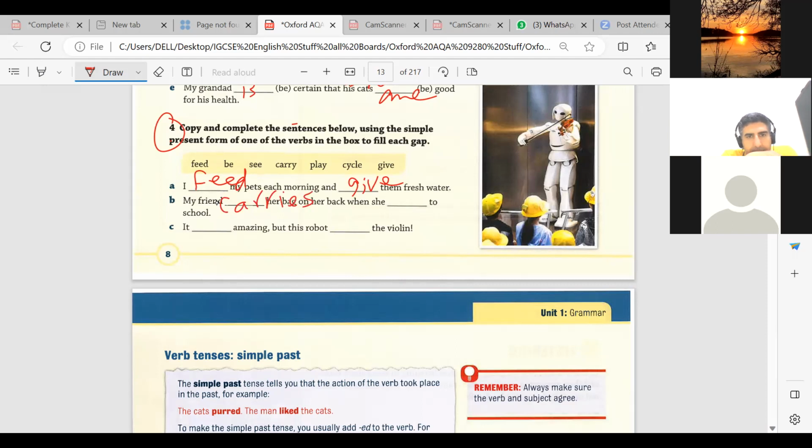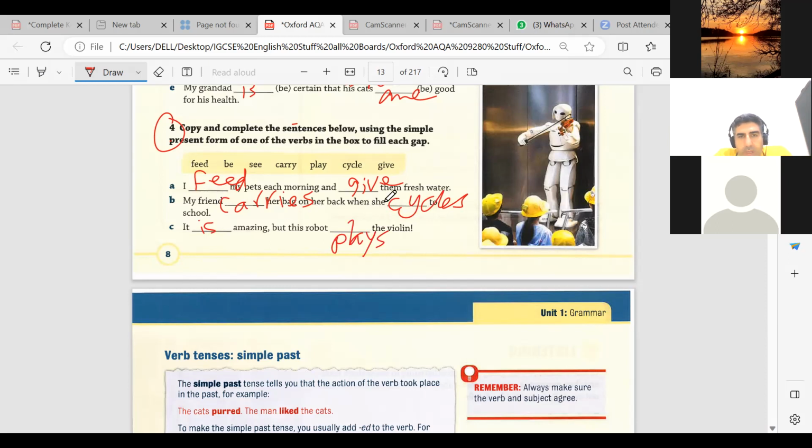Remove the Y and add IES. And when she cycles, add S. Cycles. Perfect. Then C. It is amazing. Exactly. Only S. Akram, do you have the same answers?